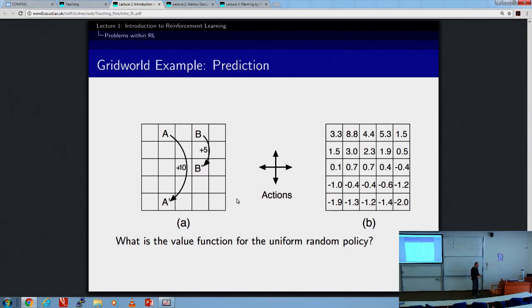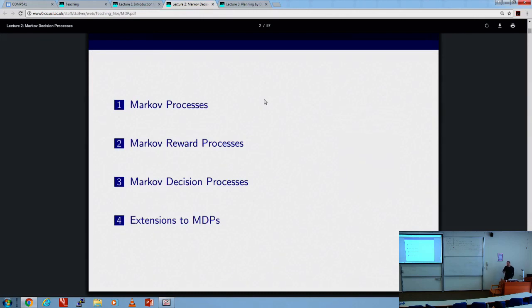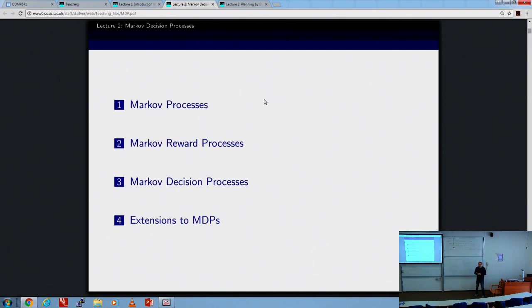It involves these probabilistic transitions between states. And before facing the whole Markov decision process as a whole, I want us to go there step by step. So first, let's talk about just a Markov process, what that means.